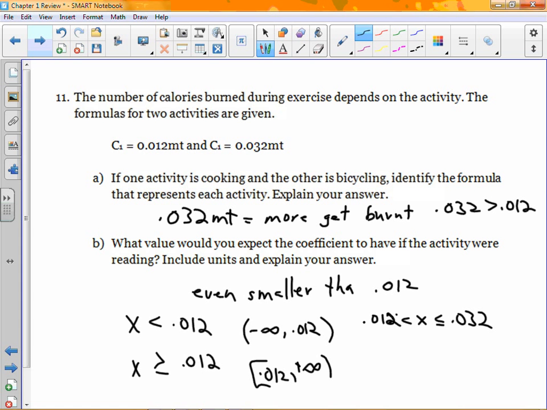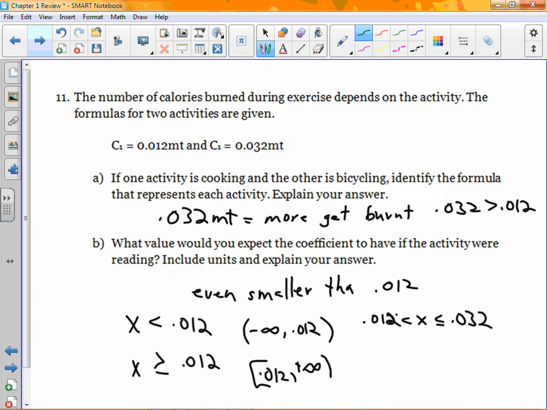So x is somewhere in the middle. Back when we did these first, I think the best analogy I drew you was with the water and the banks: the banks of a river keep the water inside of it. So the water's in between here. What you're looking for is the numbers in between 0.012 and 0.032. That's just between.